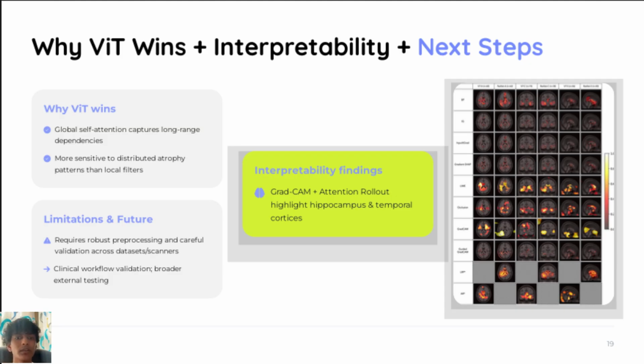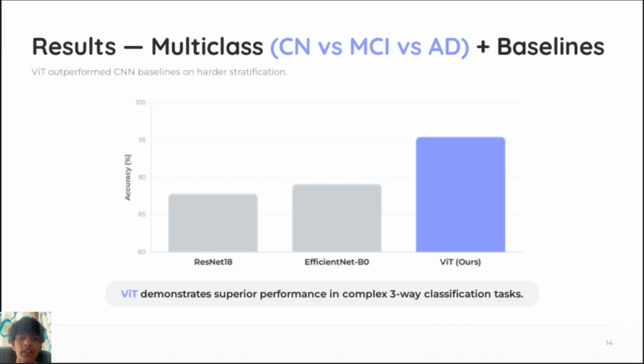The vision transformer outperformed the CNN baselines. ResNet 18 achieved 87.8% accuracy. EfficientNet B0 achieved 89.1% accuracy, and the ViT achieved 95.4%. This suggests that the ViT was better at handling complex classification. The main reason is likely the model's ability to connect distant but related brain regions through self attention.